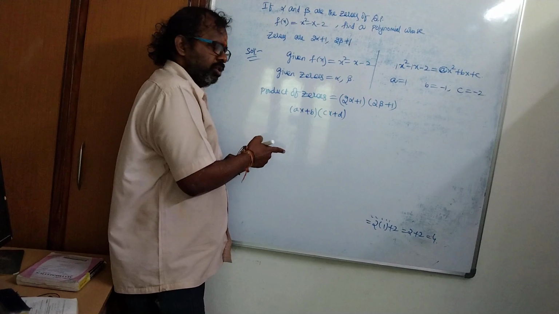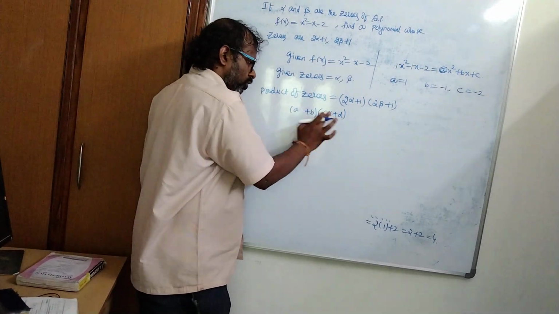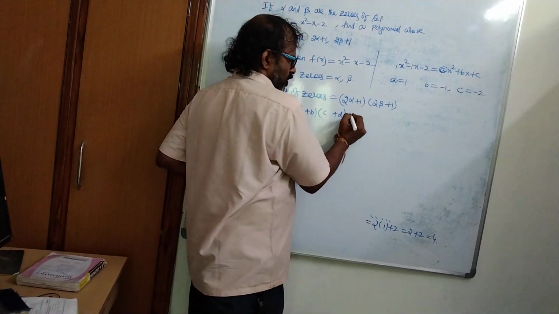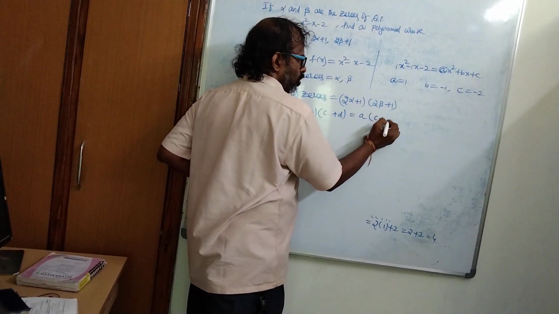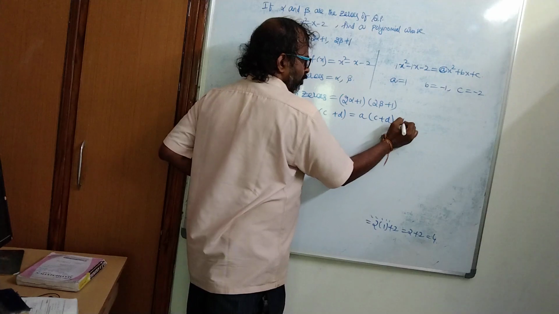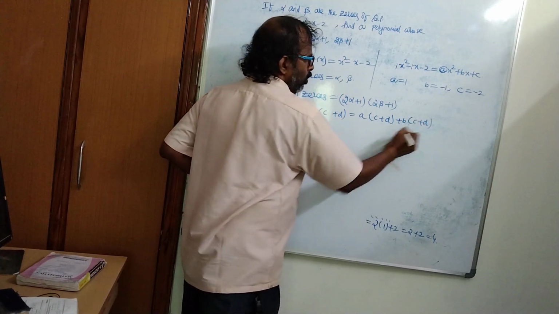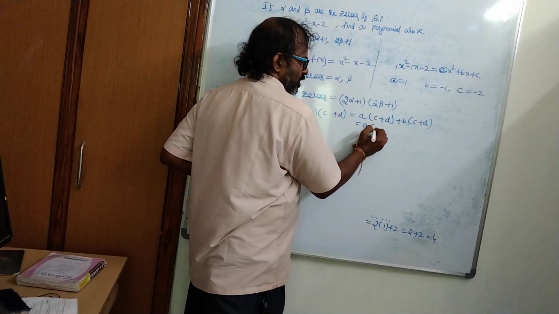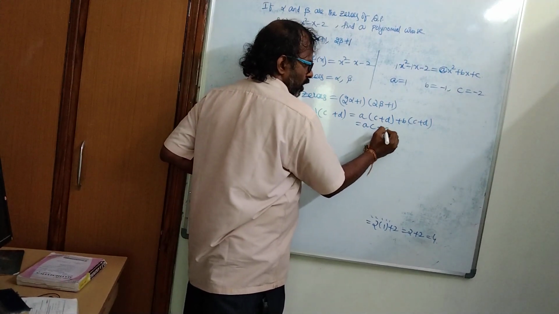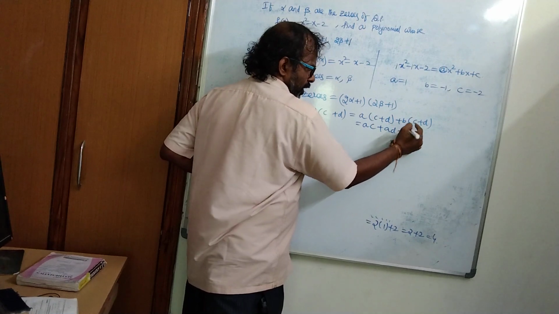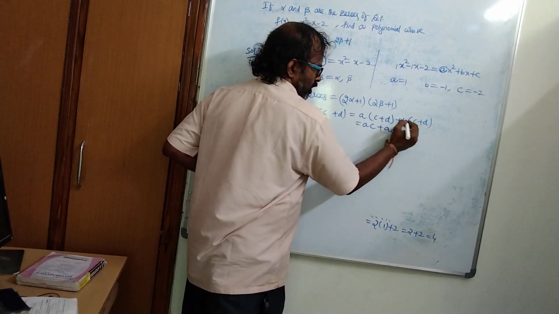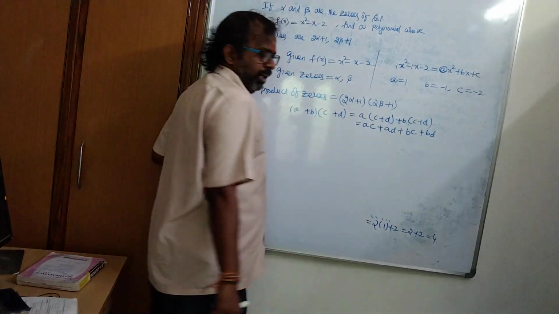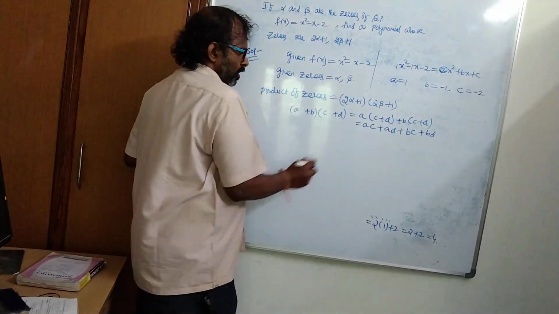We can take it this way, or without using the variables, like (a plus b) into (c plus d) is equal to a into (c plus d) plus b into (c plus d). So a into c, ac, a into d, ad, plus b into c, bc, plus b into d, bd. Okay, so now take this one only.